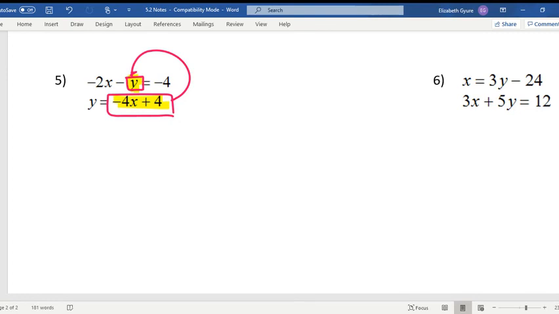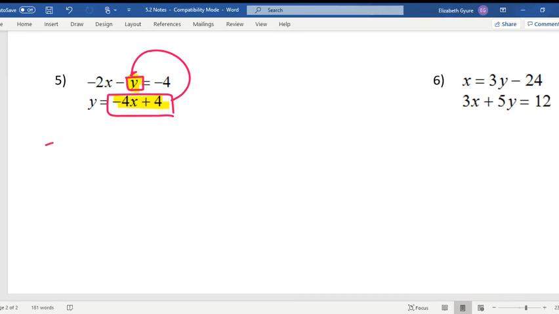So think about the steps we've done so far. First step is to figure out if you have an x equals or a y equals, right? Second step is to plug it in. But when we plug it in, what do we use? Parentheses. Okay, so first step, figure out if you have an x equals or a y equals. Second step, rewrite your equation with parentheses.